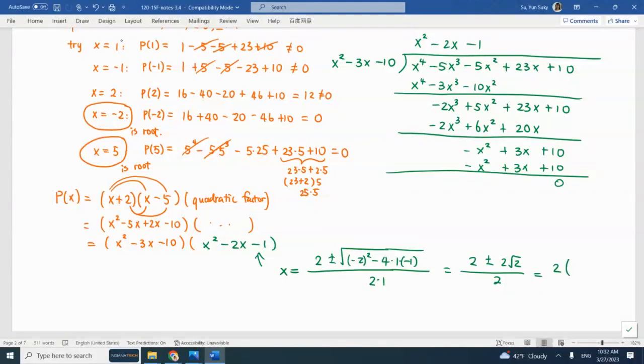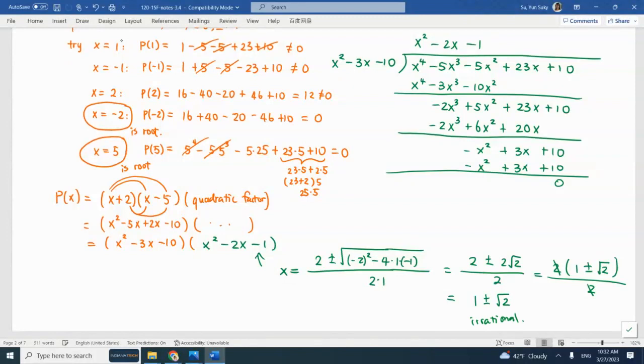What's left? 1 plus or minus square root of 2. Now we can cancel the 2. We get 1 plus or minus square root of 2. Okay, everybody? Yes. Right. And do you see this is an irrational number?